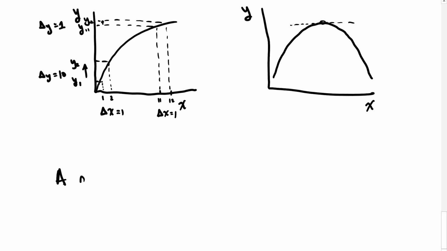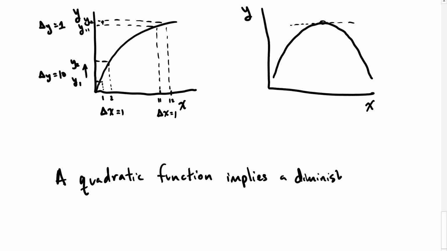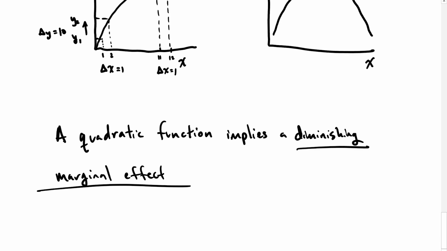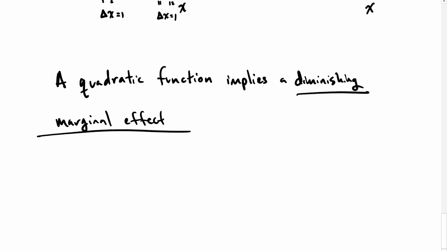So a quadratic function implies a diminishing marginal effect, a phenomenon we see very commonly in economics.